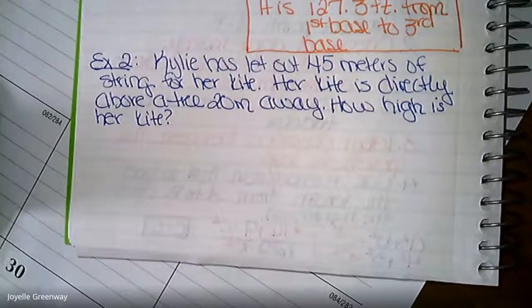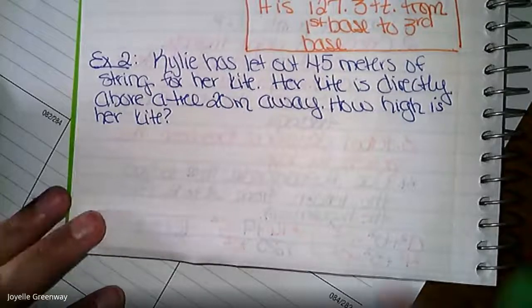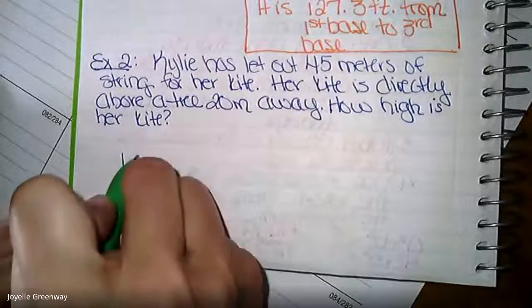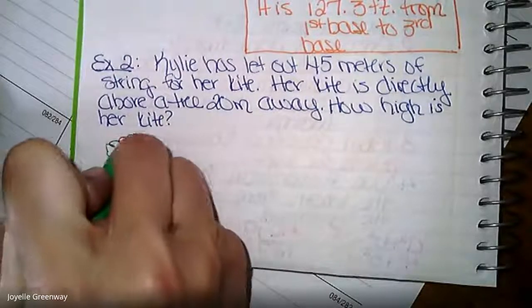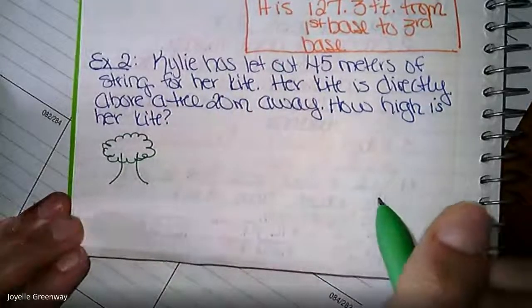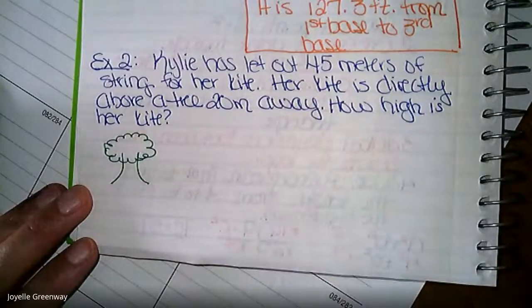Okay. So, first thing I'm going to do is draw a diagram. So I have a tree. Here's my tree. I have Kylie.